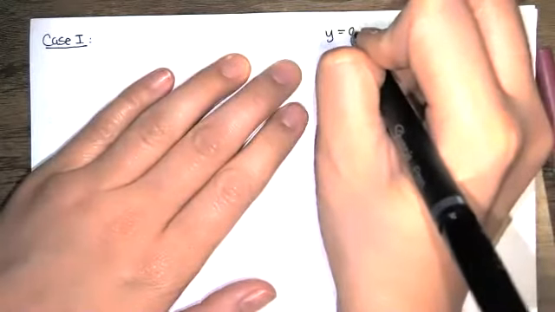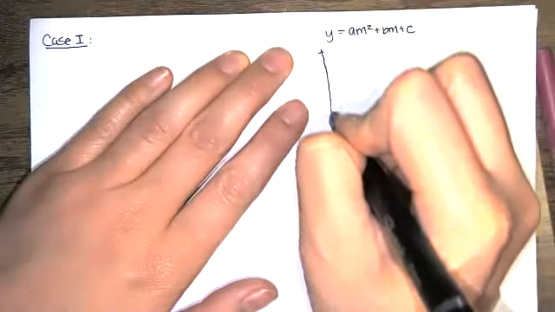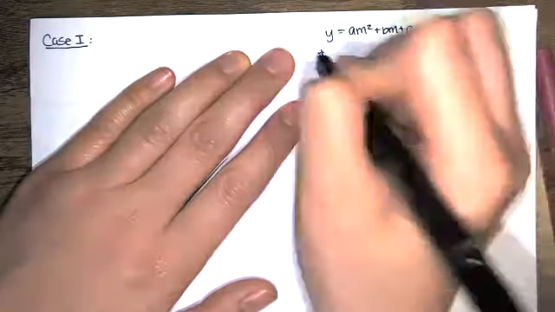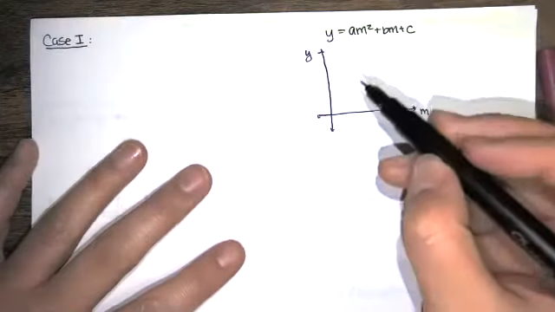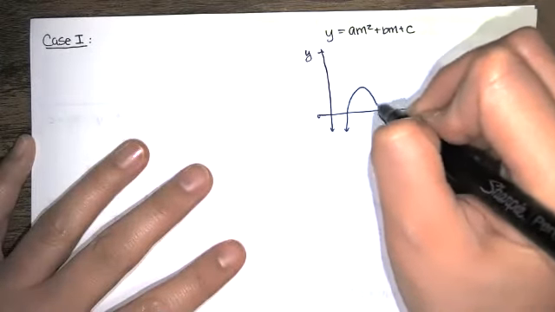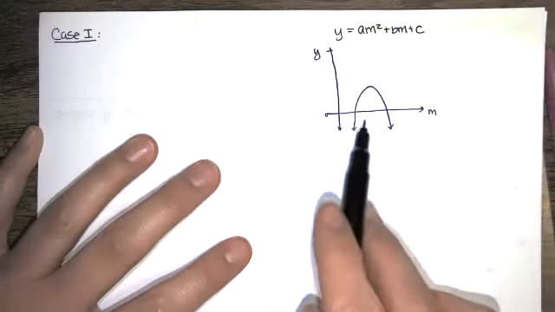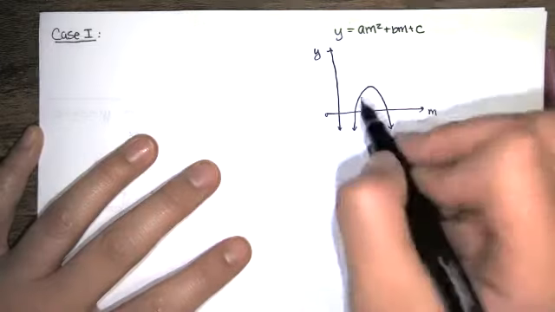Okay, so here's the first case, and we've already seen an example of this. If we're looking at the function y equals a m squared plus b m plus c, if I were to graph that in the my plane, it's possible that this quadratic function crosses the m-axis twice. This function crosses the m-axis when y is equal to 0.